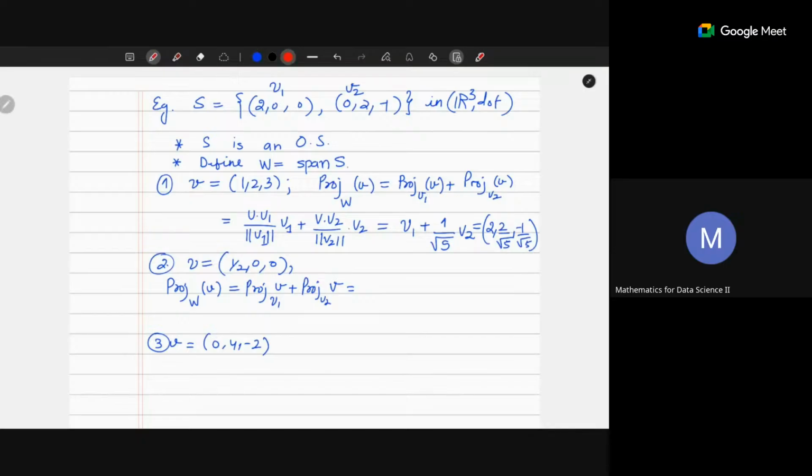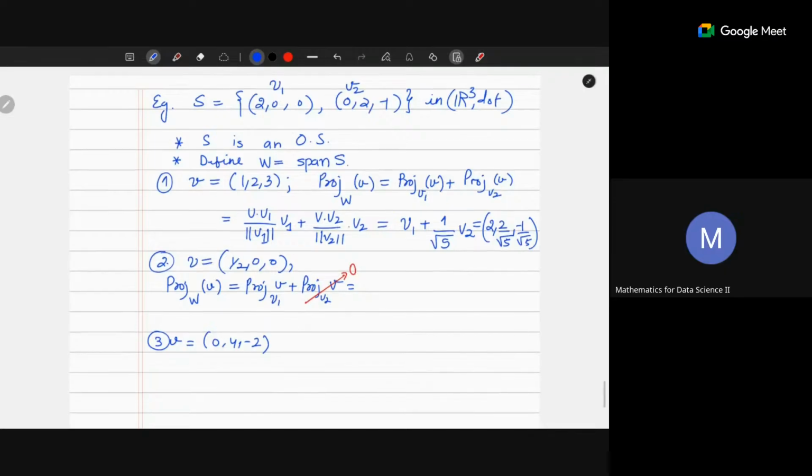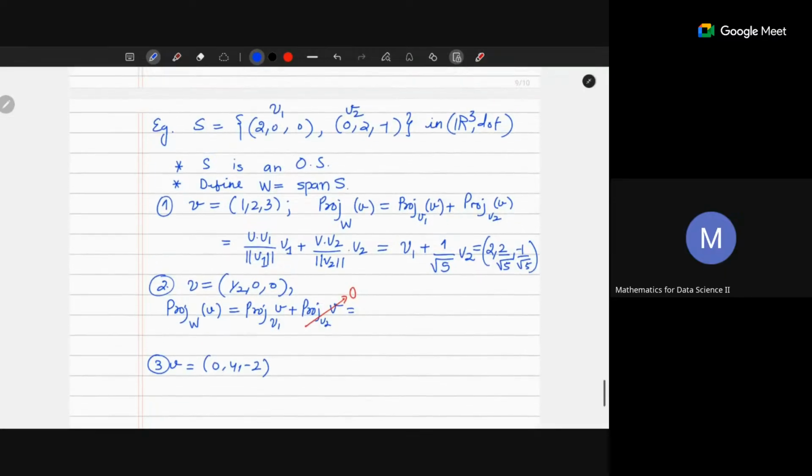So the second term will go away, it is 0. Only the first term will survive. Now, what is the first term? If I do the dot product of V1 with V, I will get V dot V1 divided by norm of V1. Now, what is V dot V1?